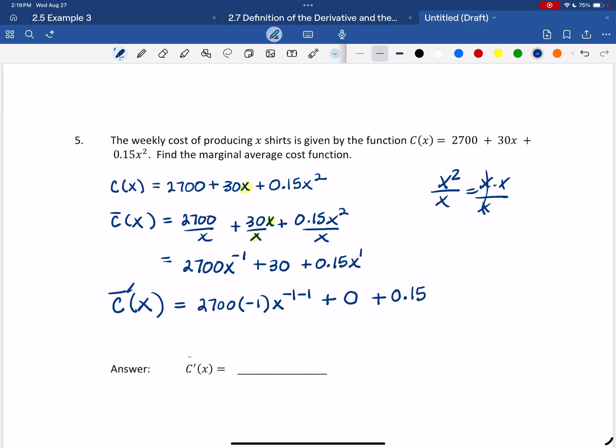So our answer is negative 2,700 x to the negative 2 plus 0.15.